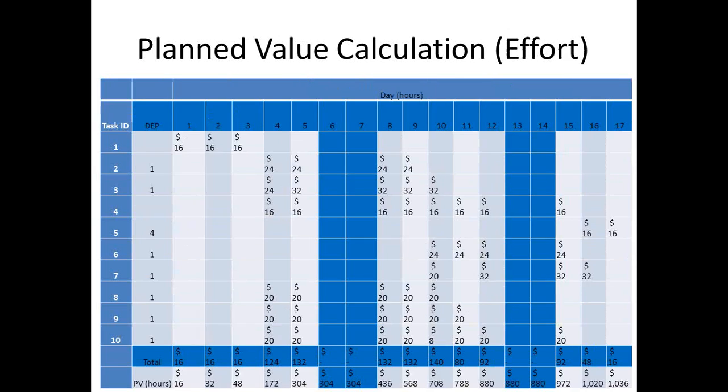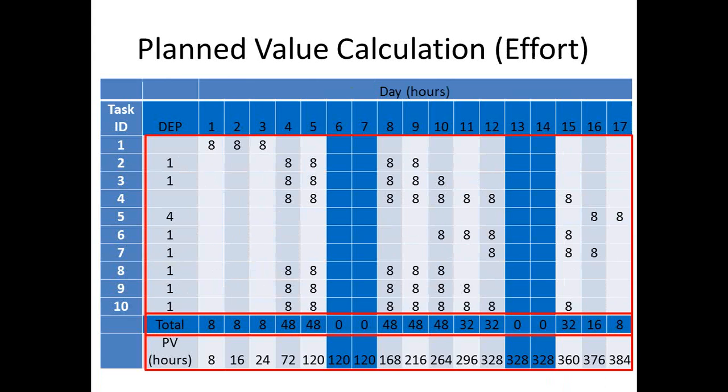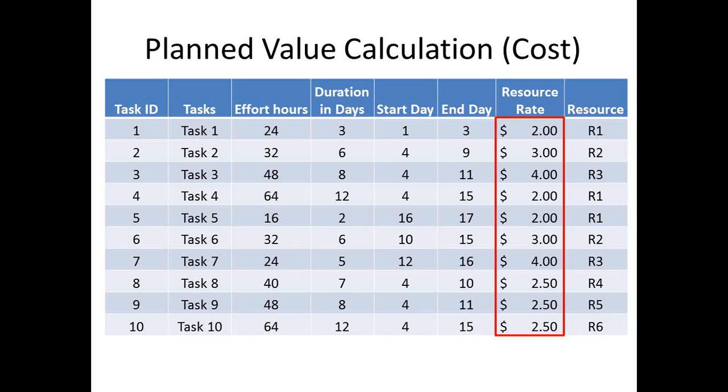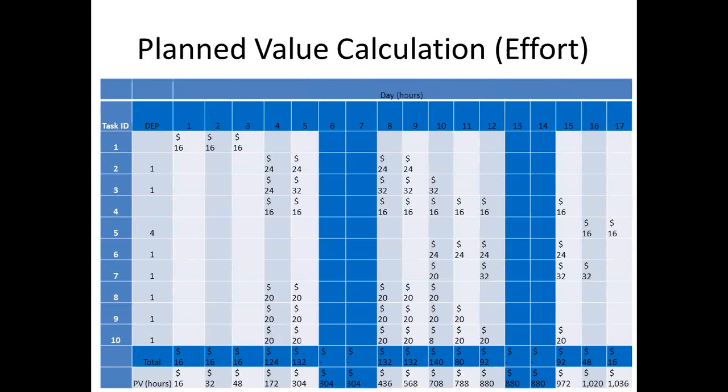Okay. Now this is a little bit more complicated. What we're doing in this slide, if I may go back 2 slides, is taking the number of hours you have here and multiplying each by its respective rate, how much it costs to do an hour of effort. And that is how we get this sheet.